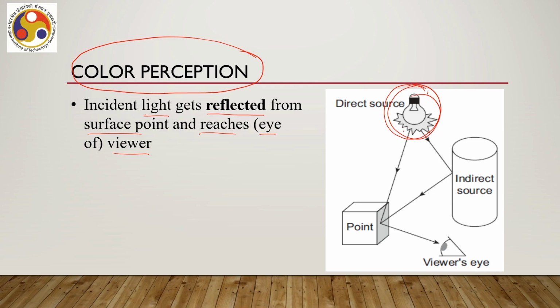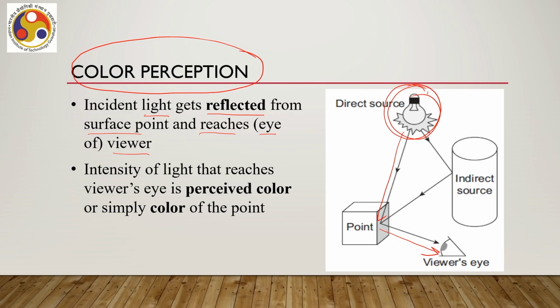The light falls on the surface, then gets reflected and reaches our eye. The intensity of the light that reaches the eye determines what color we are going to perceive. So, the intensity of light that reaches the viewer's eye is the perceived color, or simply the color of the point. So, we have light, light gets reflected from the surface and comes to our eyes. The intensity of that reflected light determines what color we are going to perceive.